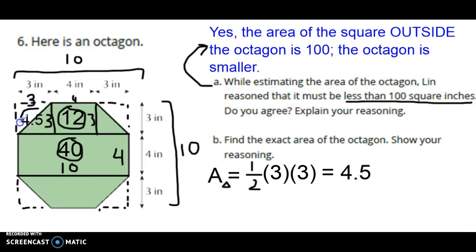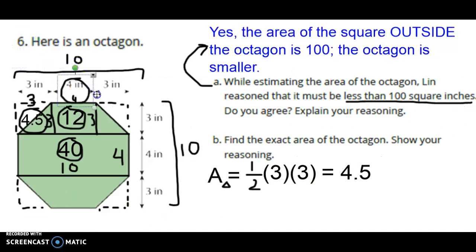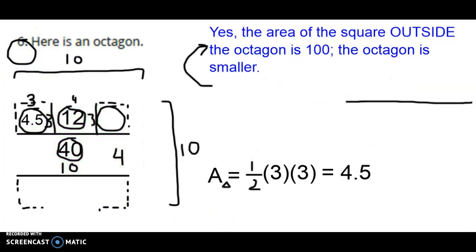So circle our area 4.5. And then up here, once again, because it's the same dimensions on my triangle, base of 3, height of 3, on this side, I'm also going to have an area of 4.5.